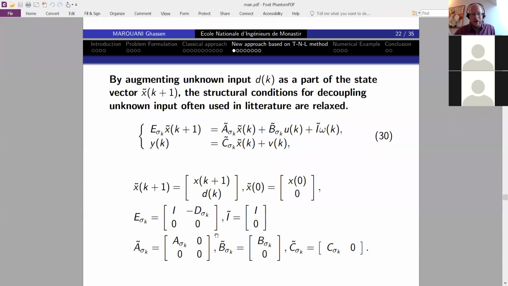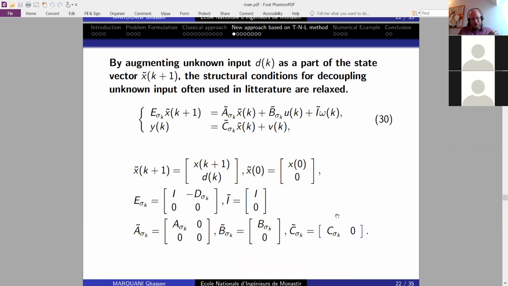Here, yes. It was 22, okay. This matrix capital E looks like that: you are defining this augmented system model in such a way that you're including the disturbance in the updated state, that means in this x tilde k plus 1, and it's not included in the matrix A tilde.